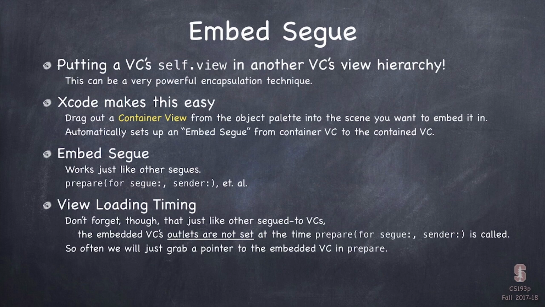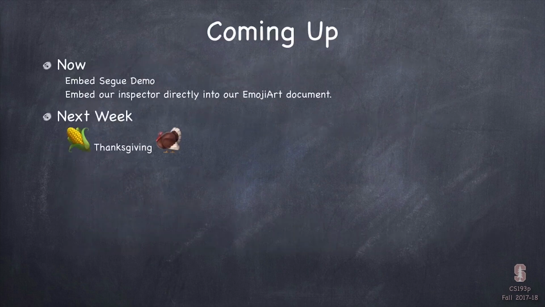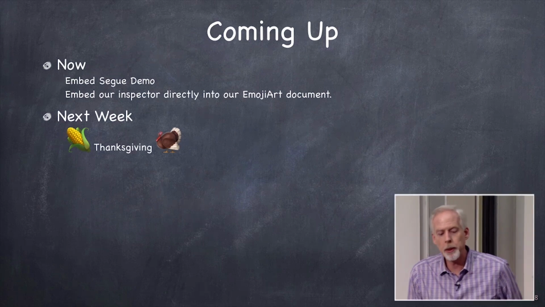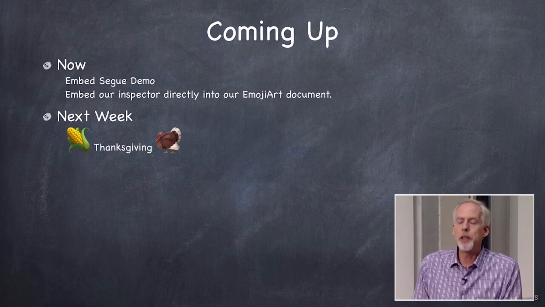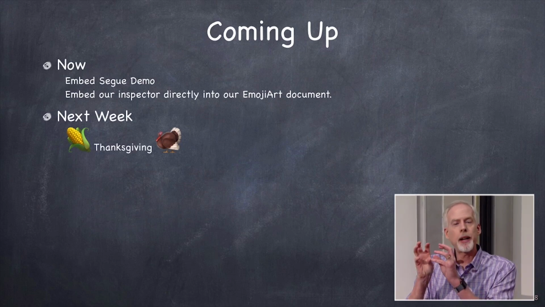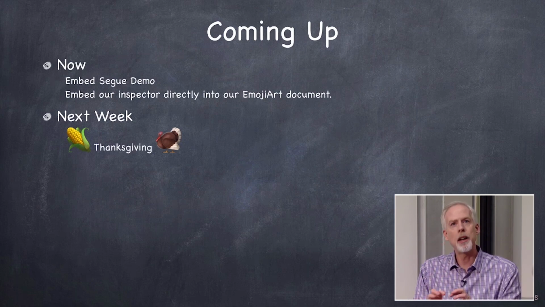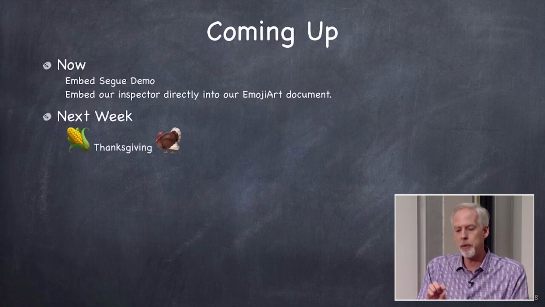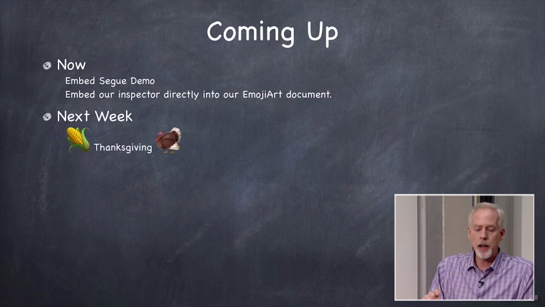And that's what I'm going to do in our demo here. After the demo, we're done for this week, and actually done for quite a while because we got Thanksgiving next week. But what we're going to do in this demo is I'm going to take the inspector stuff that we did, and I'm going to embed it as a little overlay in my emoji art document. So I'm going to be able to see the size and creation date of my document at all times.